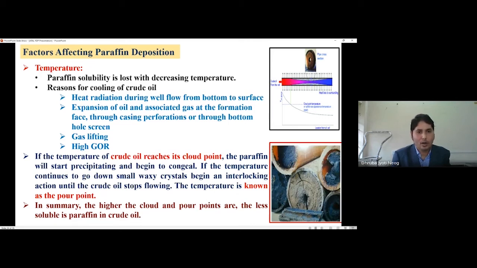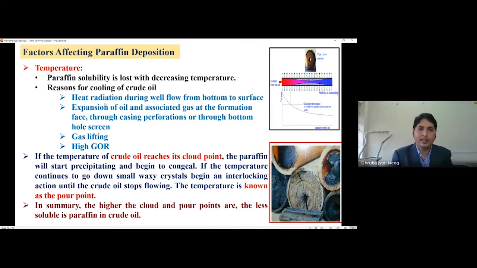Temperature is continuously lost, and because of the significant amount of temperature loss, the paraffin solubility, which was originally in solution in the crude oil, is disturbed, and because of that, paraffin deposition takes place.